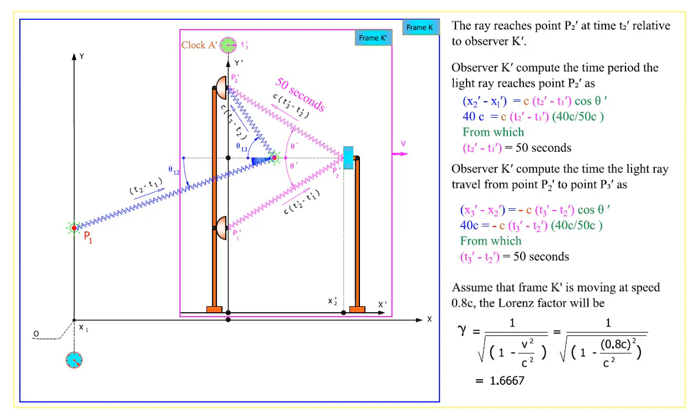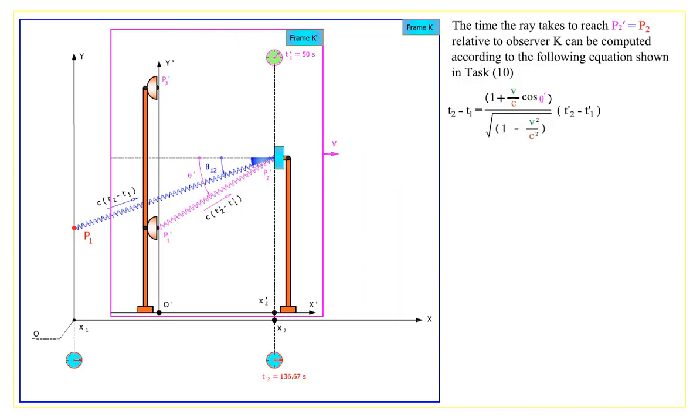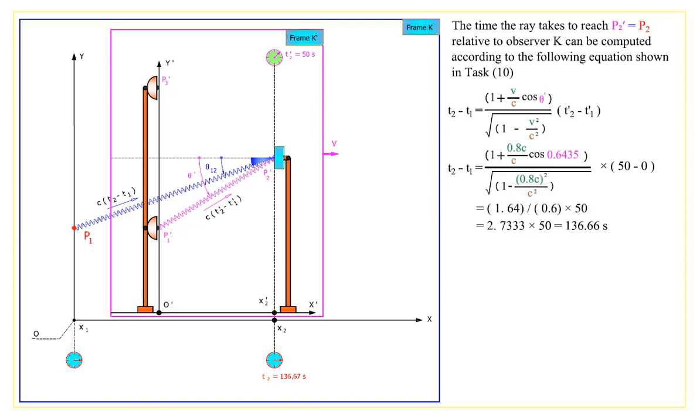Assume that frame k' is moving at speed 0.8 c, so the Lorentz factor is gamma equals 1.6667. The time the ray takes to travel from point p1 to point p2, equal to p'2 relative to observer k, can be computed according to the equation shown in Task 10, and is found to be t2 minus t1 equals 136.66 seconds.